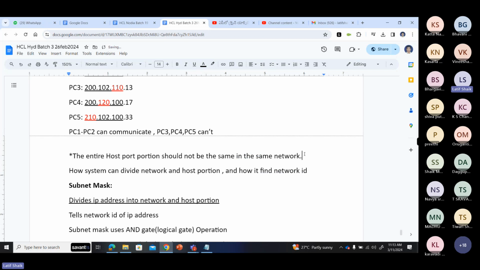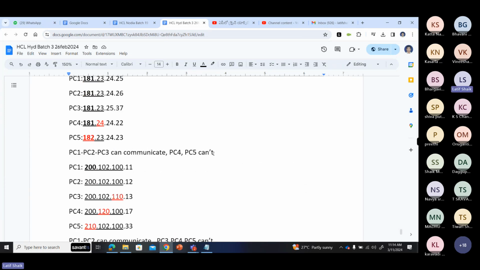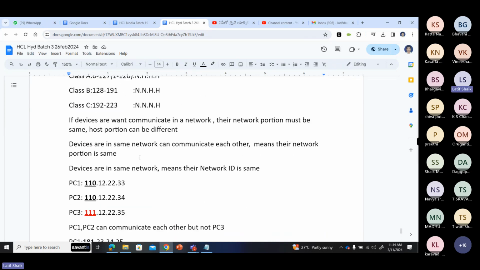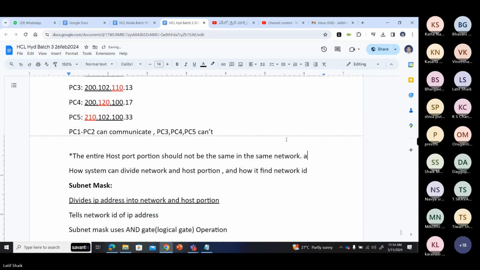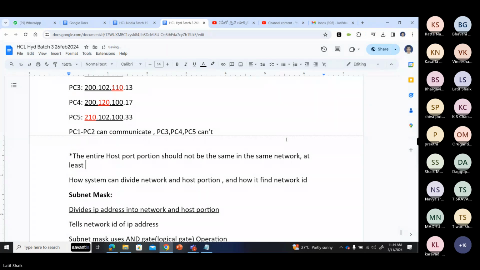At least, as I have already written, at least one of the host portion must be different.